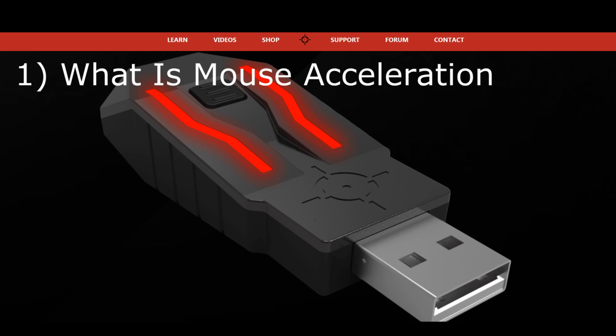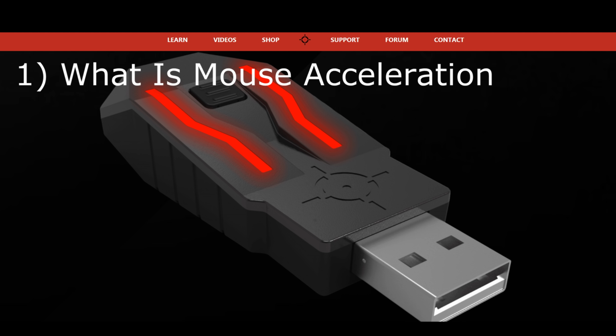With acceleration, however, if you move your mouse twice as fast, your in-game crosshair will move 3 times faster, or even 5 times faster. It all depends on how much acceleration you are using. With negative acceleration, if you move your mouse half as fast, your in-game crosshair will move at 1/3, or even 1/5 of the speed.